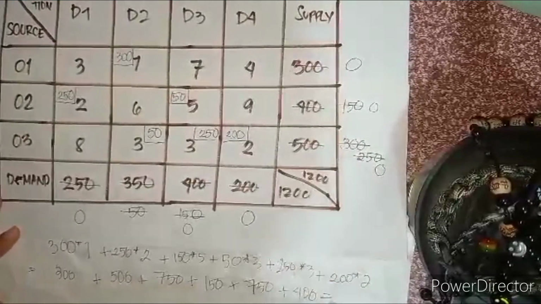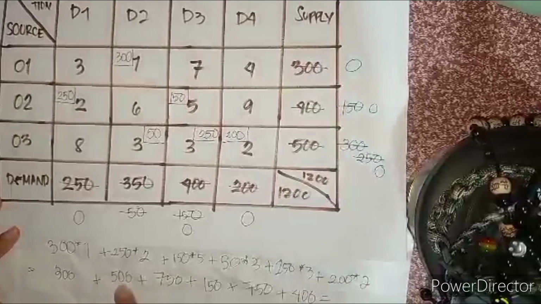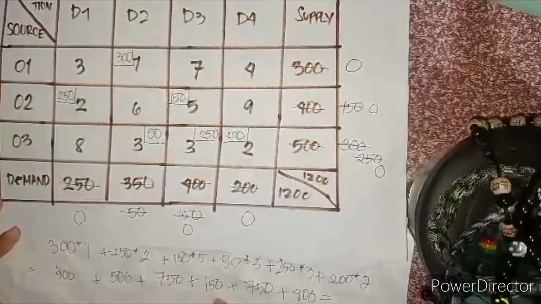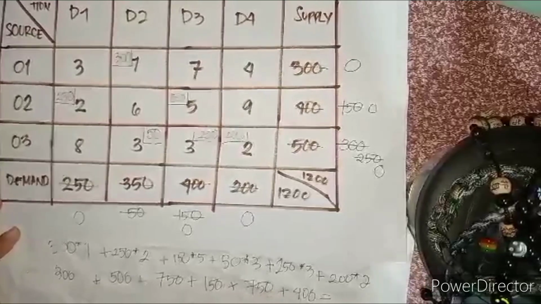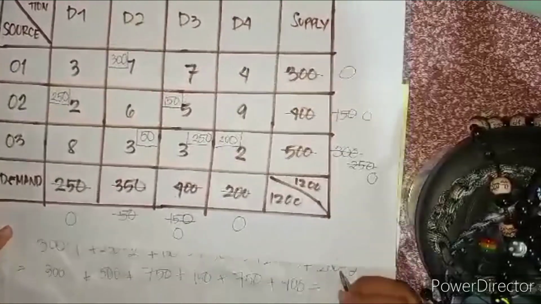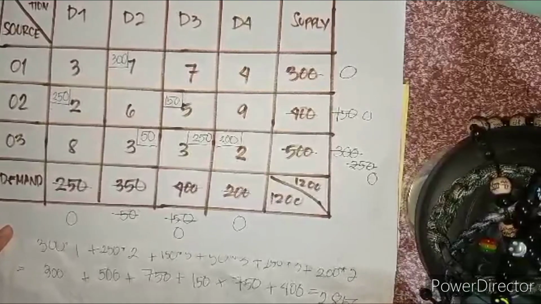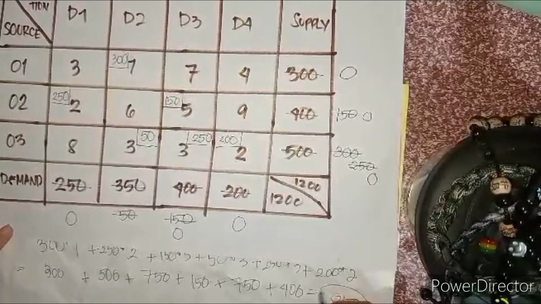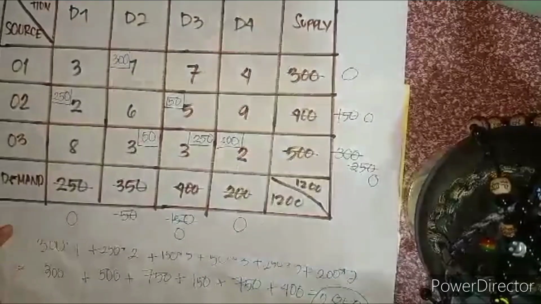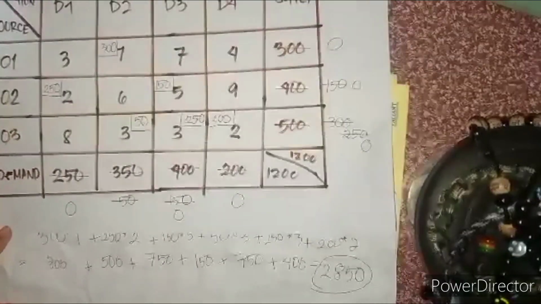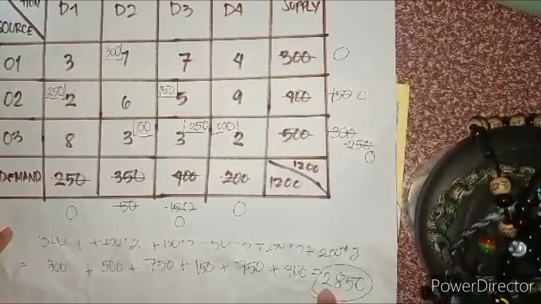So let's add 300 plus 500 plus 750 plus 150 plus 750 plus 400. So the total is 2,850.